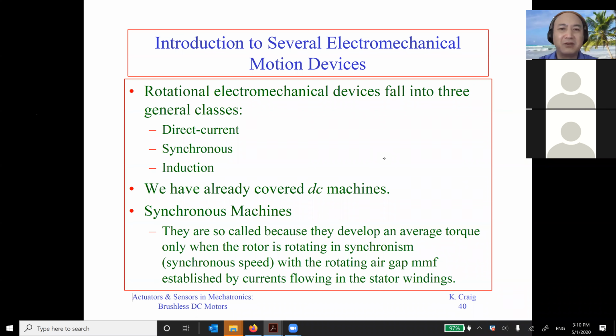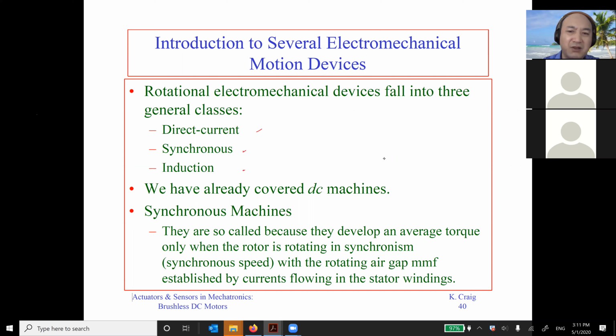So we talked about rotating electromagnetic devices: synchronous, induction, and direct current. We don't talk about direct current right now. Those are DC motors. So synchronous machines. Why do we call an AC motor a synchronous machine?